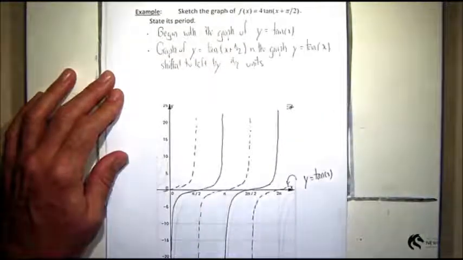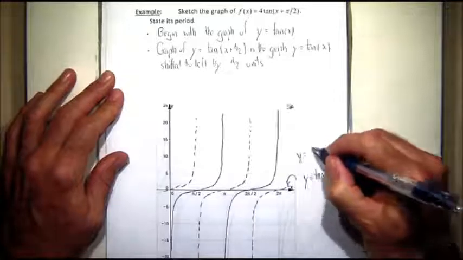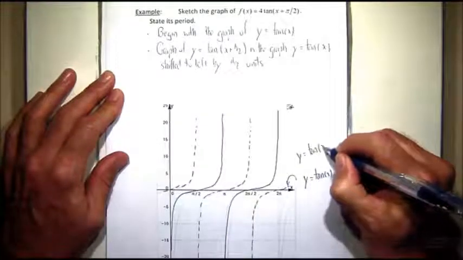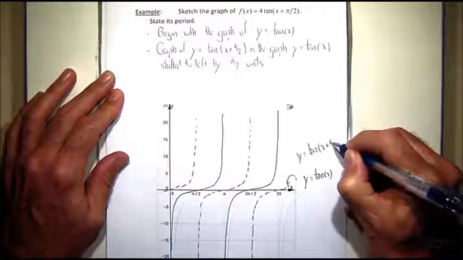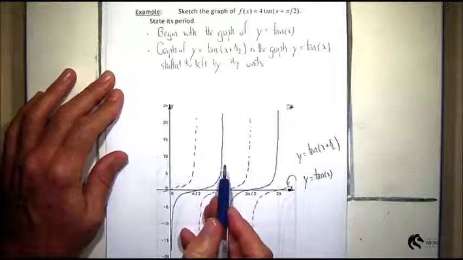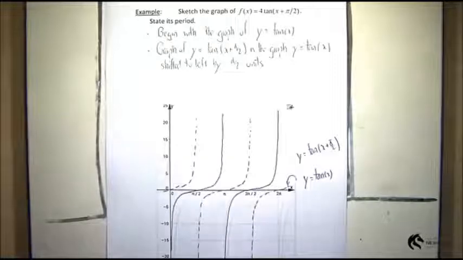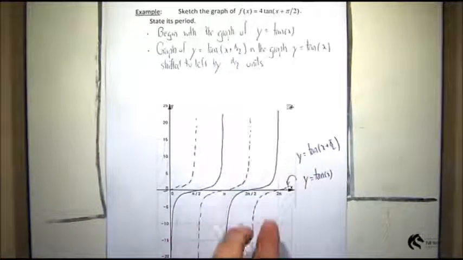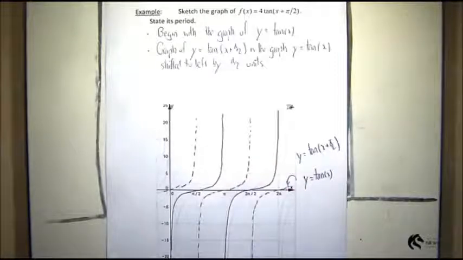So that will be the graph of y is equal to tan x plus pi on 2. It's been shifted to the left by pi on 2 units. Even though the graph's been shifted, of course that doesn't change the period. It still repeats itself every pi units. So our period is in fact pi in this case.